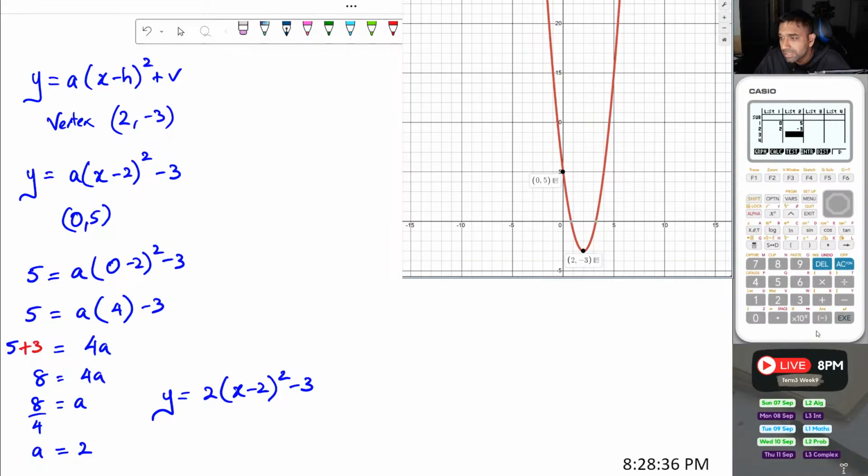Now remember that parabolas are symmetrical. If this point here is (0, 5), and the line of symmetry is at x = 2, then this particular point here is going to be (4, 5). So you use the line of symmetry and figure out what the third point is.